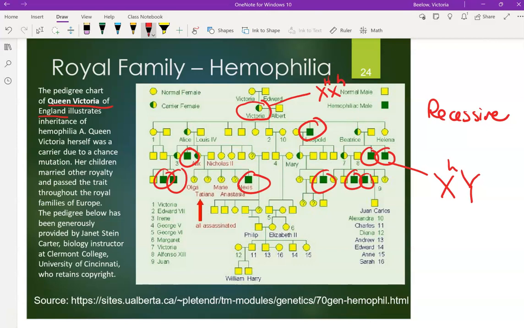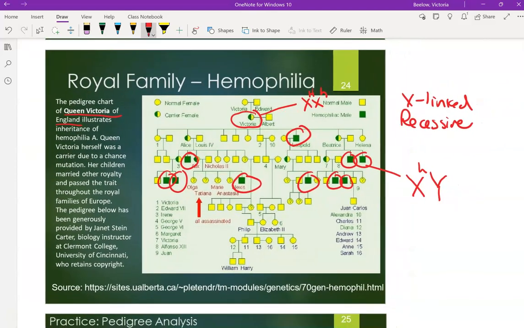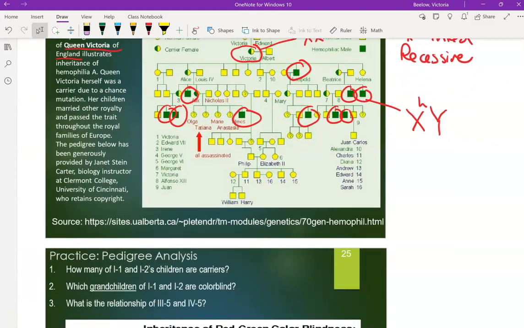It's a recessive trait. So if the guy gets just one copy of the recessive trait, he will display it, versus a female would need both copies. So red-green color blindness and hemophilia are both X-linked and recessive. And this is an example of a royal family where that trait was passed on throughout many generations.